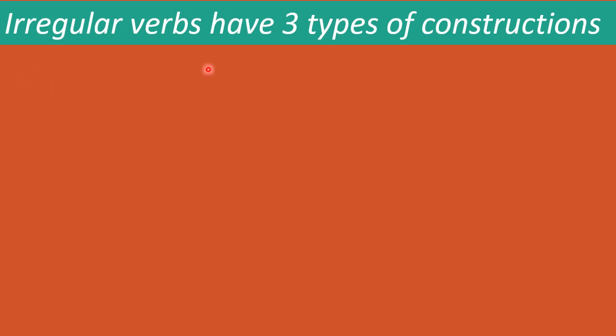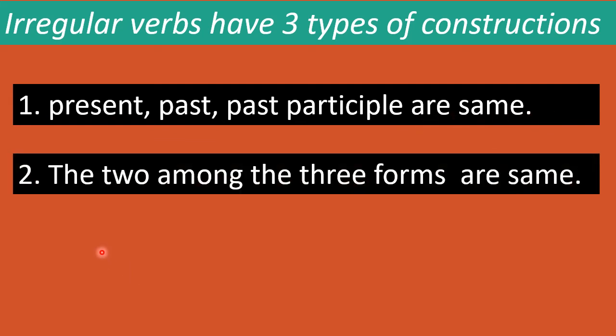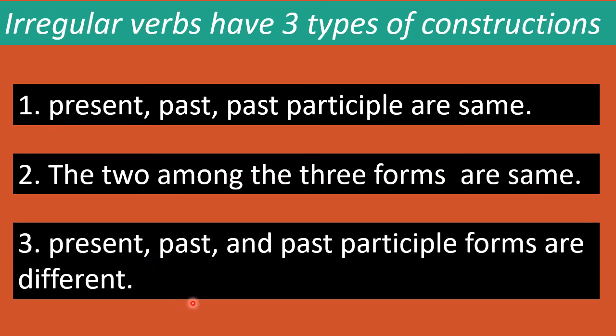Okay, irregular verbs have three types of constructions. Number one, present, past, and past participle are the same. Number two, two among the three forms are the same. Number three, present, past, and past participle forms are different.